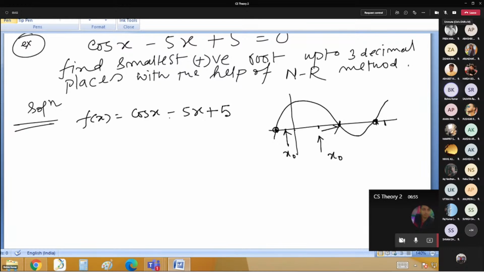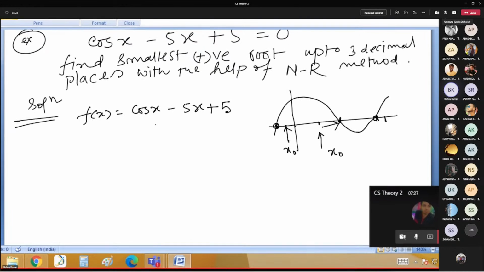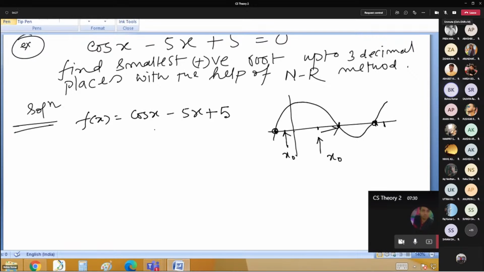Because suppose you are considering x values 0, 1, 2, these are radians, and if your calculator is in degree mode, then along with the x value you have to multiply by 57.273, because 1 radian is equal to 57.273 degrees.